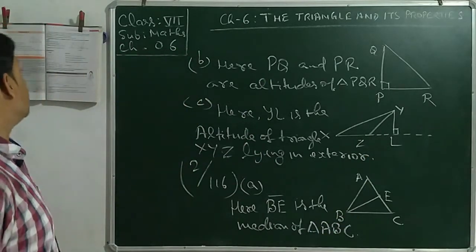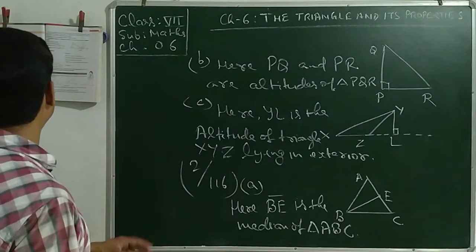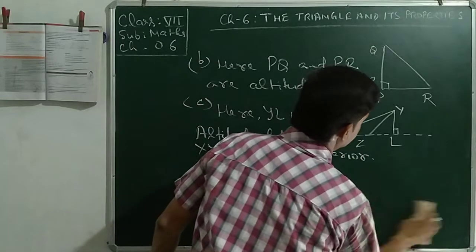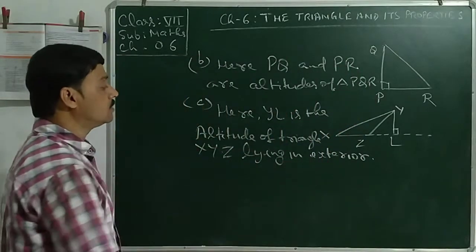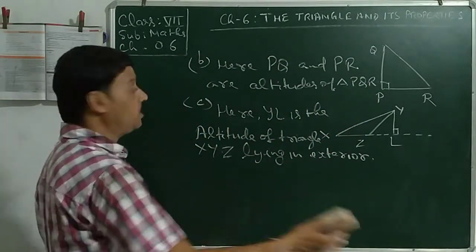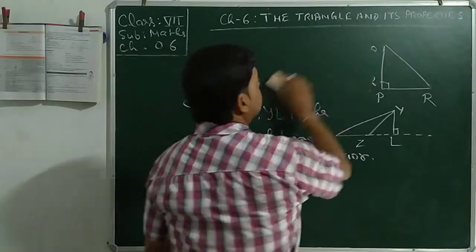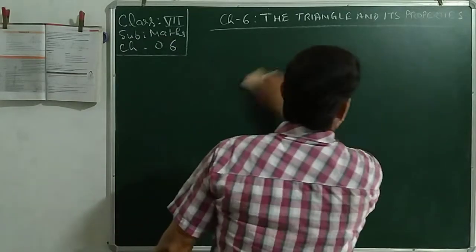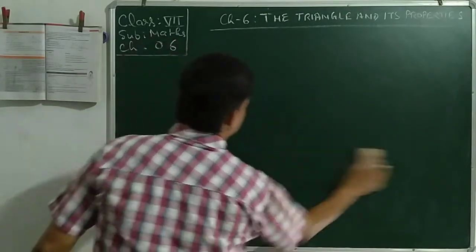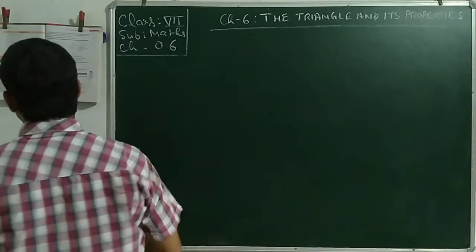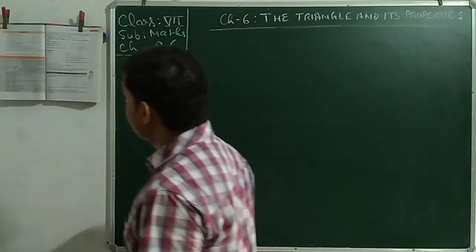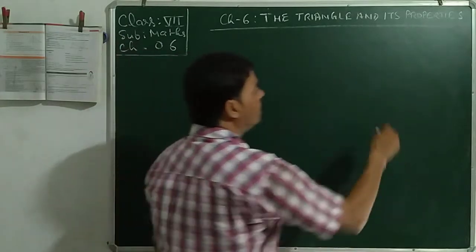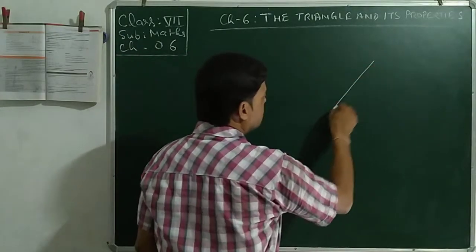Come to the third sum now. Verify by drawing. Let me verify it here only. I think you have done this, so let me rub the board. Verify by drawing a diagram if the median and altitude of an isosceles triangle can be the same. Let me draw the isosceles triangle once.